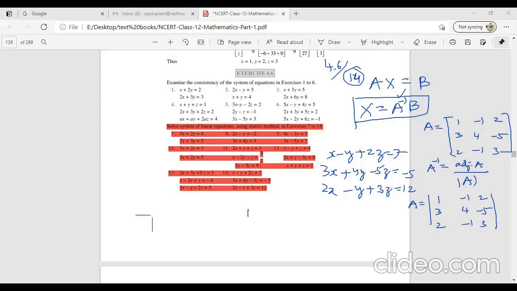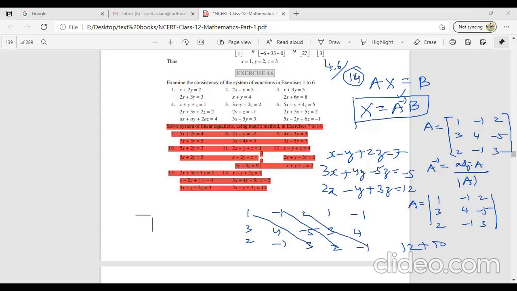For Sarrus diagram, do you remember: 1, 3, 2, minus 1, 4, minus 1, 2, minus 5, 3, and then repeat 1, 3, 2, minus 1, 4, minus 1. Multiply these: 3 4s are 12. These: minus minus plus, 5 2s are 10.